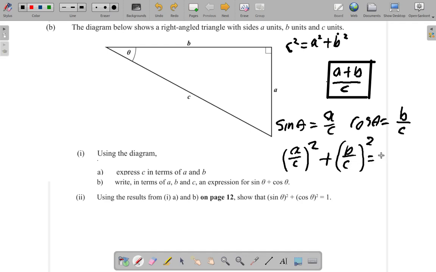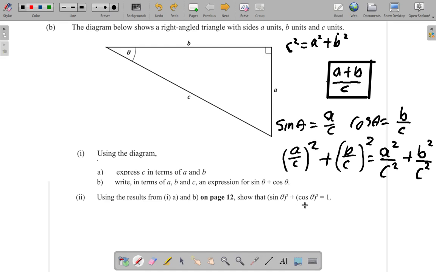Now that turns out to be A squared over C squared, because if you separate them, A over C all squared is the same as A squared over C squared plus B over C all squared is the same as B squared over C squared. Right?